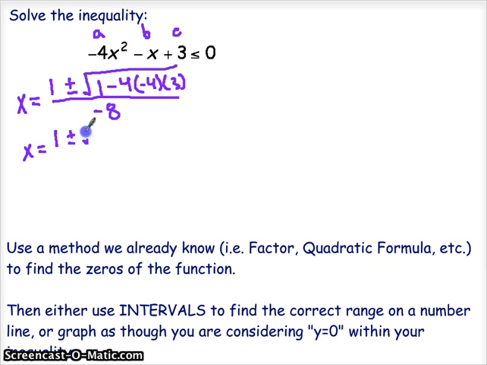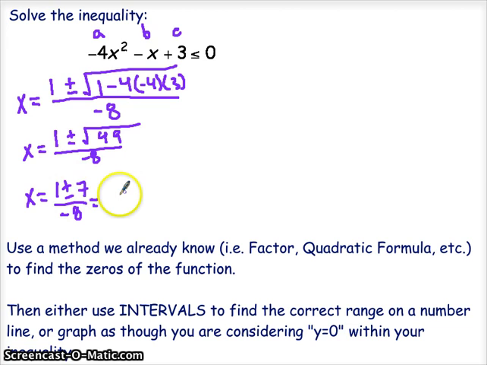So 1 plus or minus the square root of 49 over -8. And with that being the case, 1 plus or minus 7 over -8 gives us answers of 1 plus 7 would be 8 over -8, so -1, or 1 minus 7 would be -6 over -8, being 3/4.